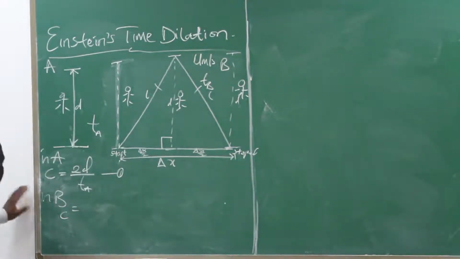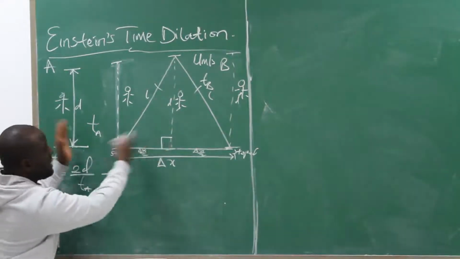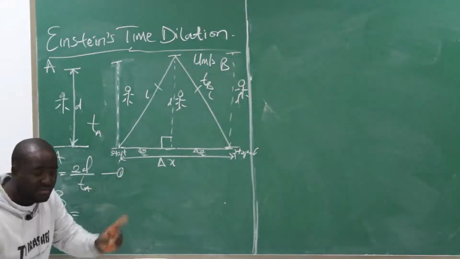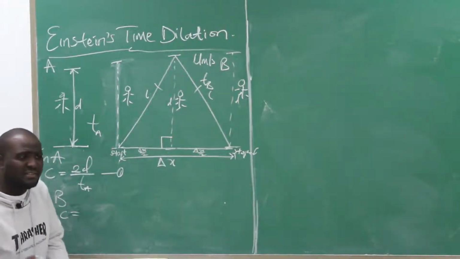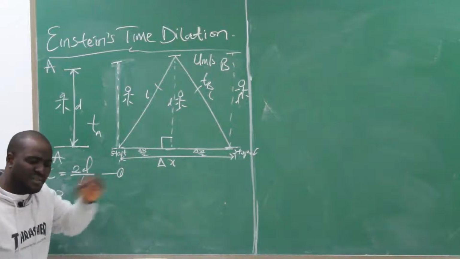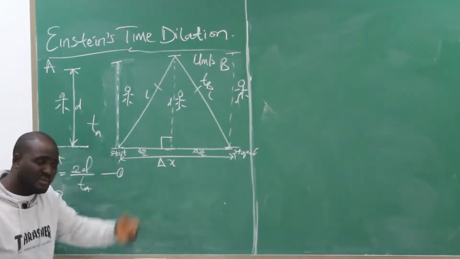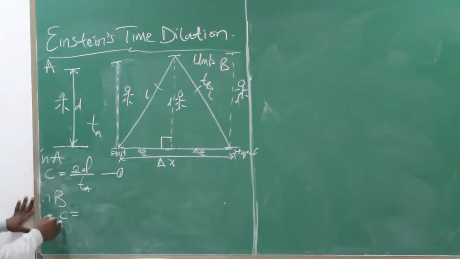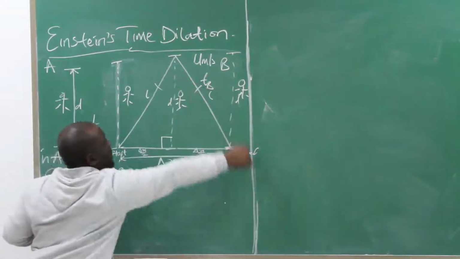So now in B, C, which is the speed of light, for these two guys, they must measure the same thing. That's what Maxwell said. Now, why exactly he said that, like I said earlier, is something I've not really looked into, because it's a different topic. It's electromagnetism. So I have to look into that again. Now, C is equal to 2L now.